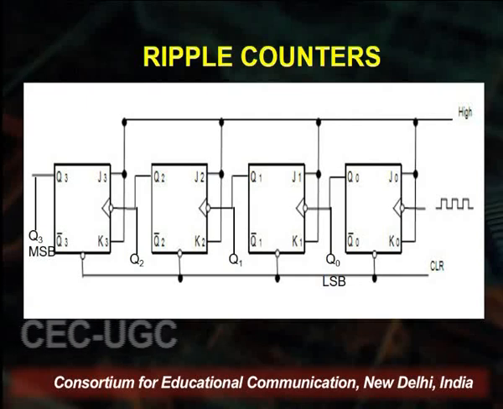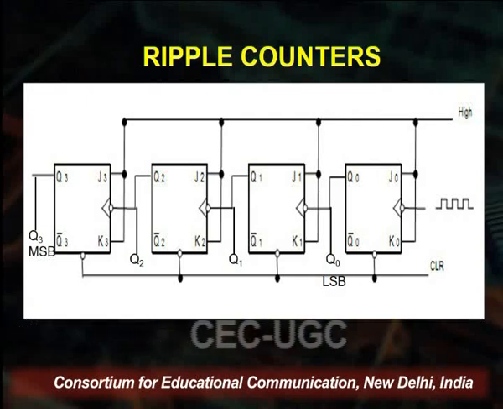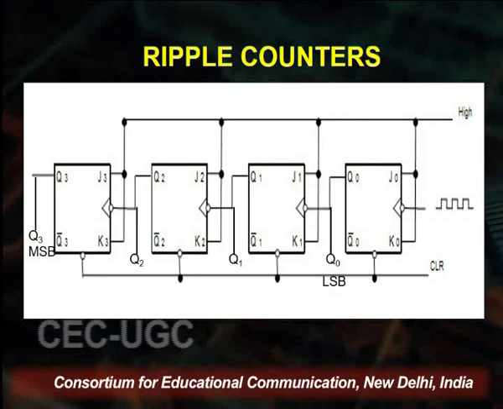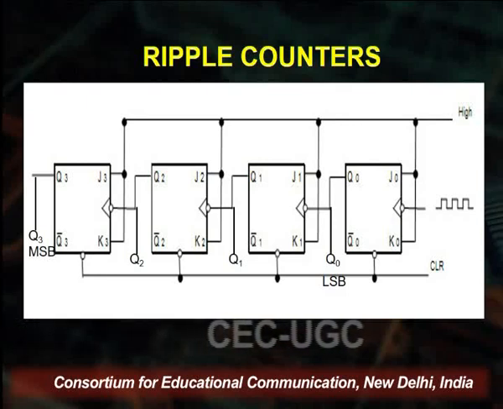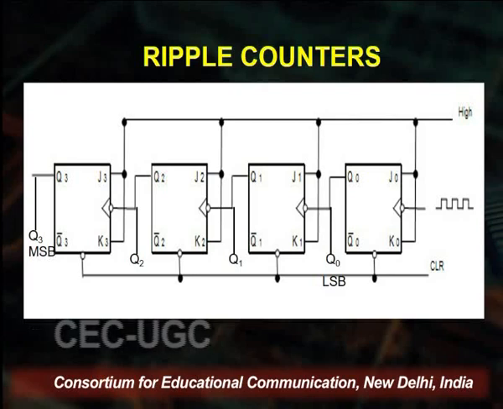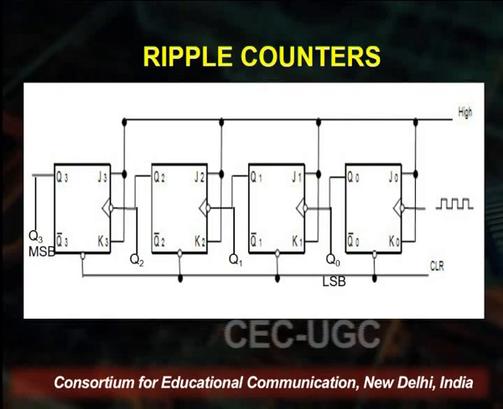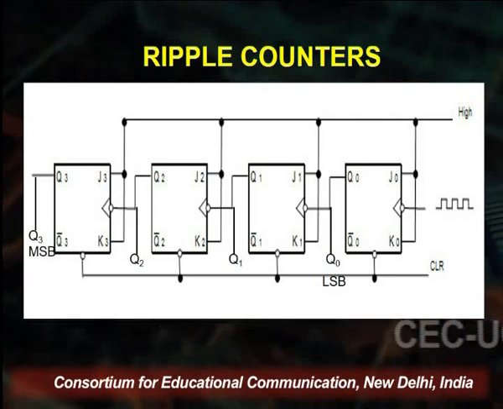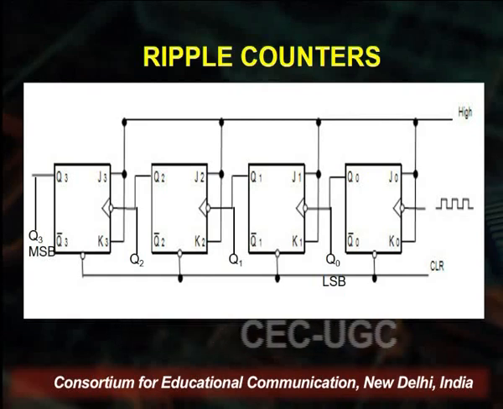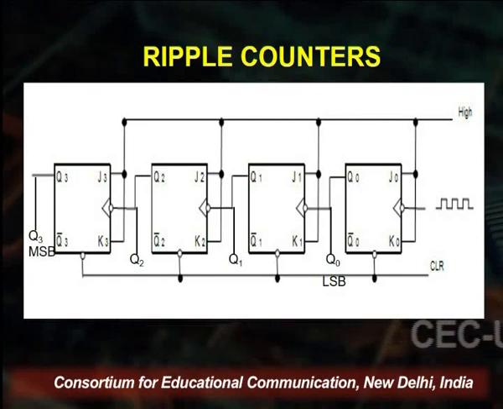But its output, Q1, changes from 0 to 1, which is the clock for flip-flop 3, that is J2 K2. Hence, output Q2 would not change, because for it to happen, Q1 has to go from 1 to 0. But in this case, it has gone from 0 to 1. Therefore, the output Q3, Q2, Q1, Q0 is 0010.